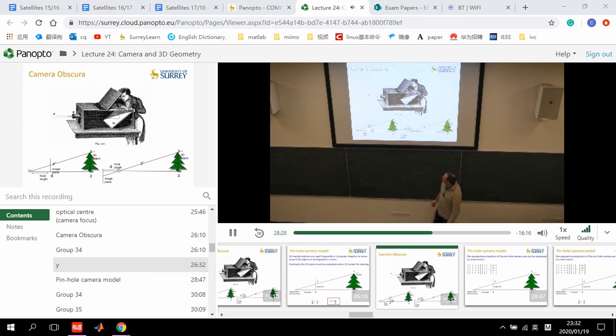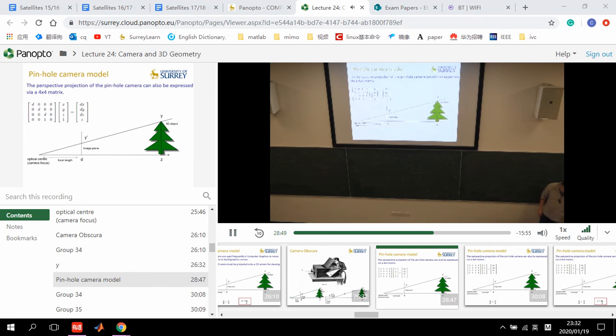Okay? But the mathematics doesn't change. The ratio of the height of this object on the imaging plane divided by the distance of the imaging plane from the focus is the same ratio as the distance of the object to its height. Is that okay?